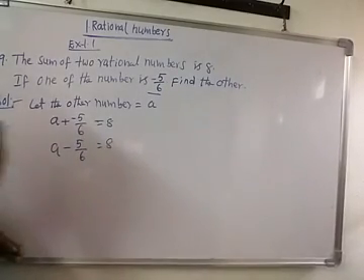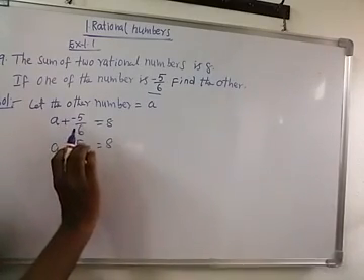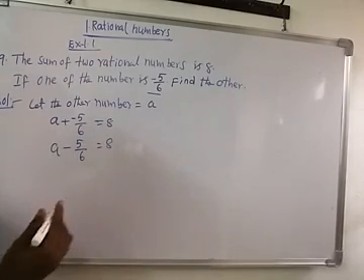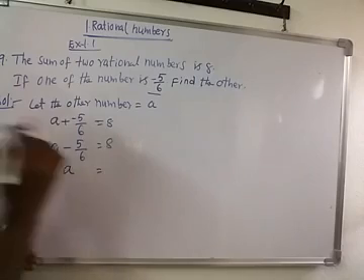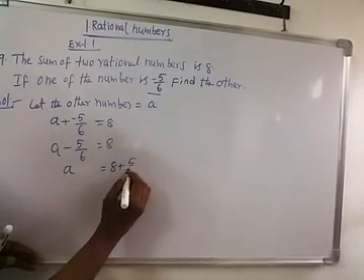Now here minus 5 by 6 is a negative quantity. Transposing the negative quantity to the other side, we get a positive quantity, that is a is equal to 5 by 6 plus 8, that is 8 plus 5 by 6.